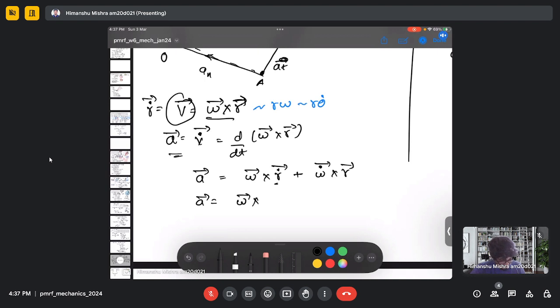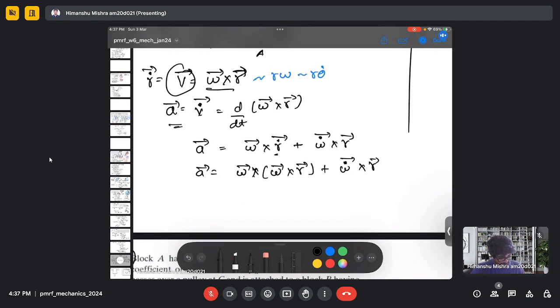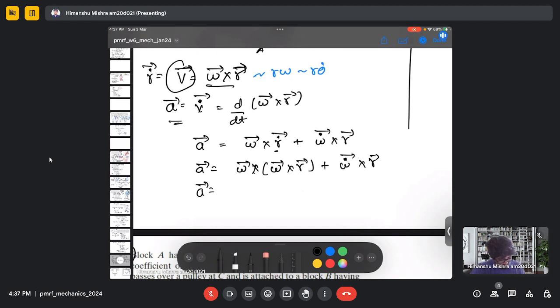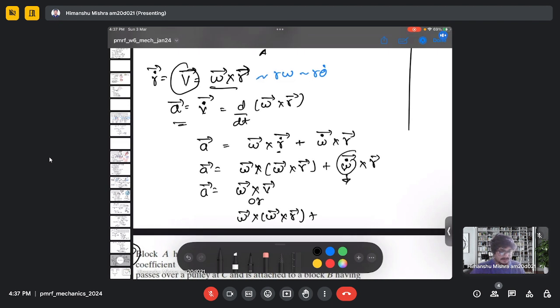And we know this velocity can be represented by omega cross r, so the first term is omega cross v, or omega cross (omega cross r), plus omega dot cross r, and this omega dot you can see is the angular acceleration alpha, so plus alpha cross r.